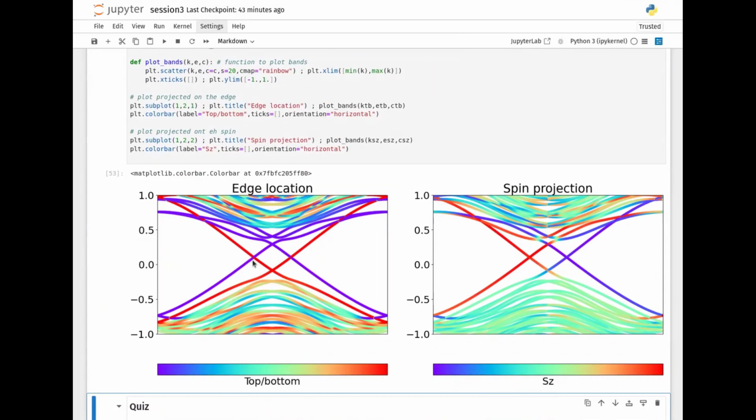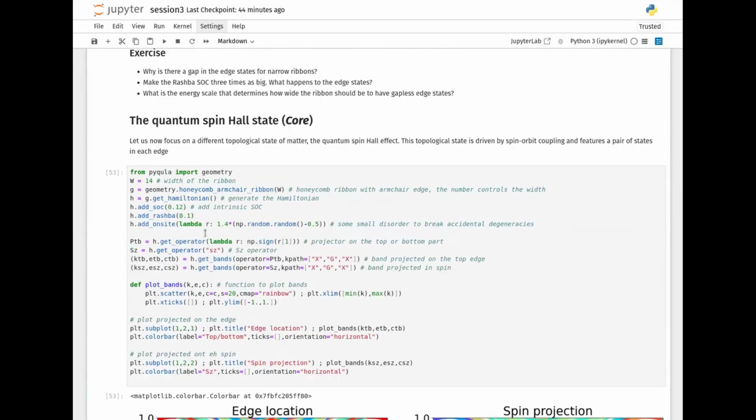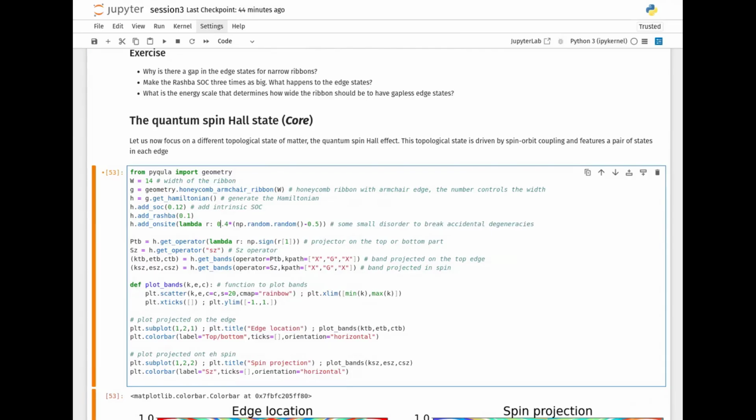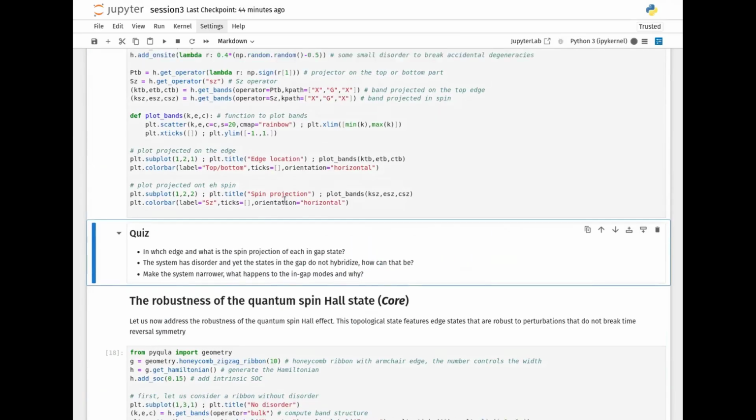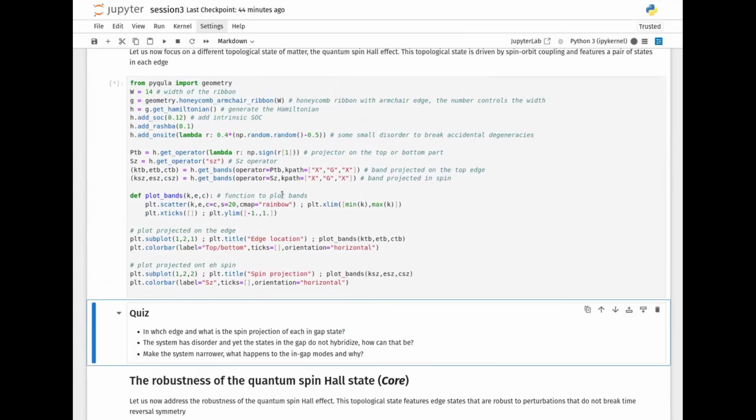So you see that now the bands are fairly similar, but still you have gapless edge states, right? You see that the states are still crossing over there. You didn't get anti-crossings in these states. And this is maybe easier to see if you, let's say, lower a little bit the size of the disorder.